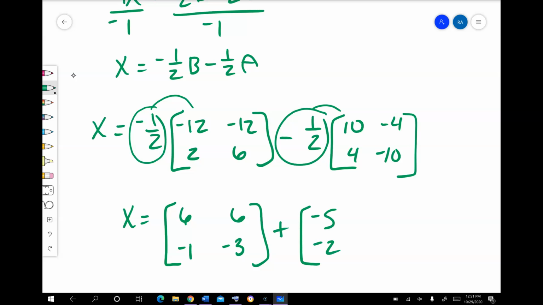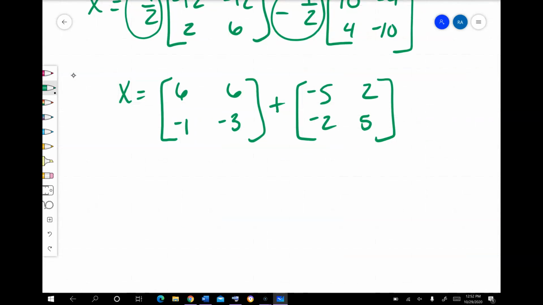You guys can use your calculator, that is fine with me. Remember I taught you the calculator steps? You can do that too. I'm just going to do them by hand. Then we combine like elements. That's going to be 1, negative 3, 8, and then 2. And that's your answer, guys.